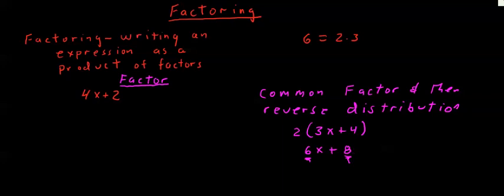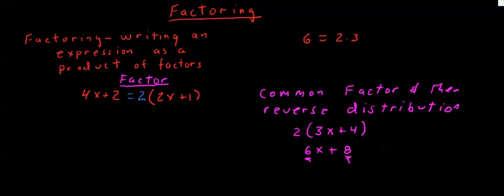So what we're going to do here, we're going to look for a common factor of 4 and a common factor of 2. The only common factor is 2, so then I do distribution, and I ask myself, 2 times what is 4? 2x. 2 times what is 2? 1.